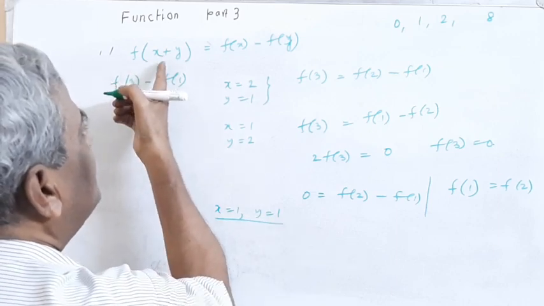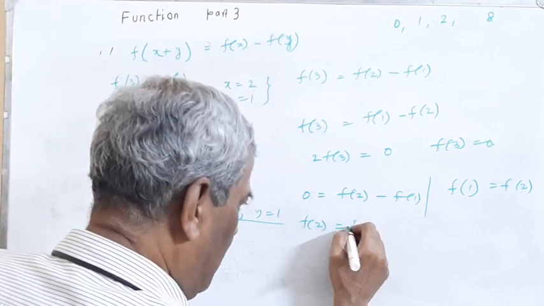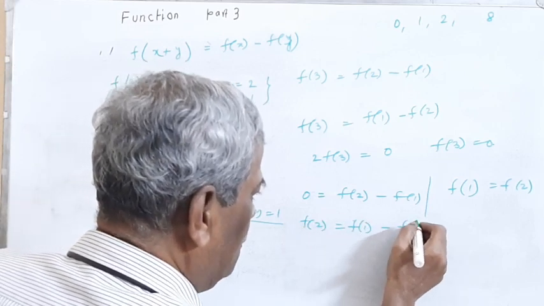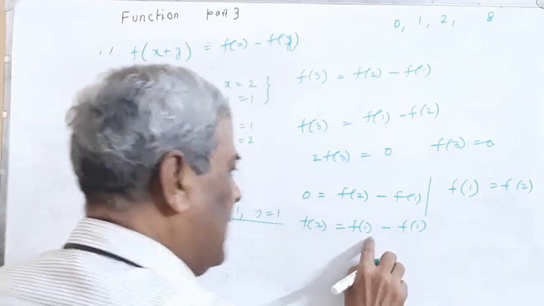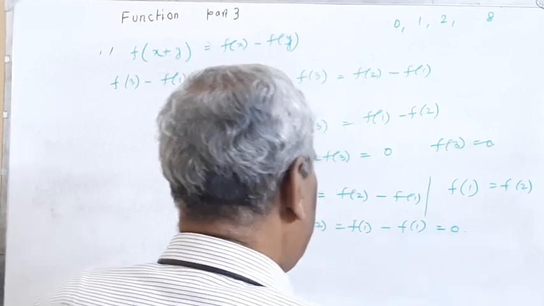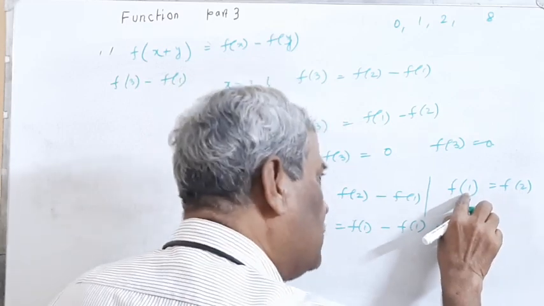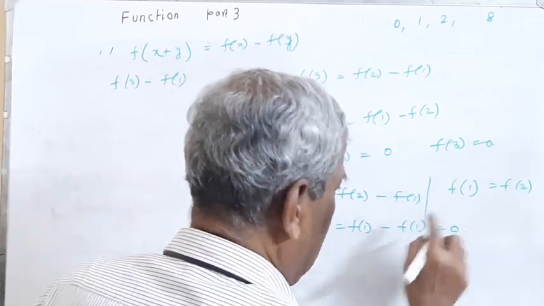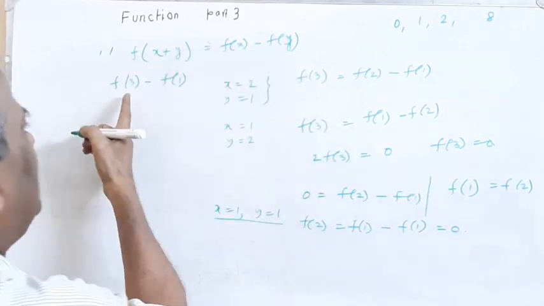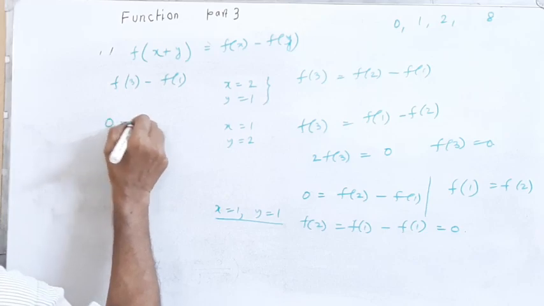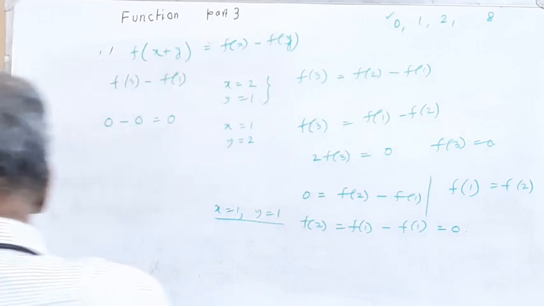This becomes f(2) is equal to f(1) minus f(1). Both x and y are 1. So f(1) minus f(1) is equal to 0. So f(2) is equal to 0. If f(2) is equal to 0, f(1) is also 0. So we get f(3) 0, f(2) 0, f(1) 0. So the value of f(3) minus f(1), 0 minus 0, is equal to 0. So the first option is correct.